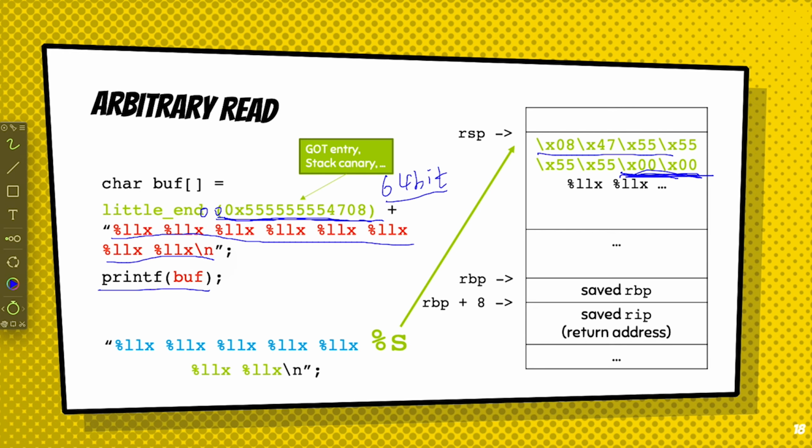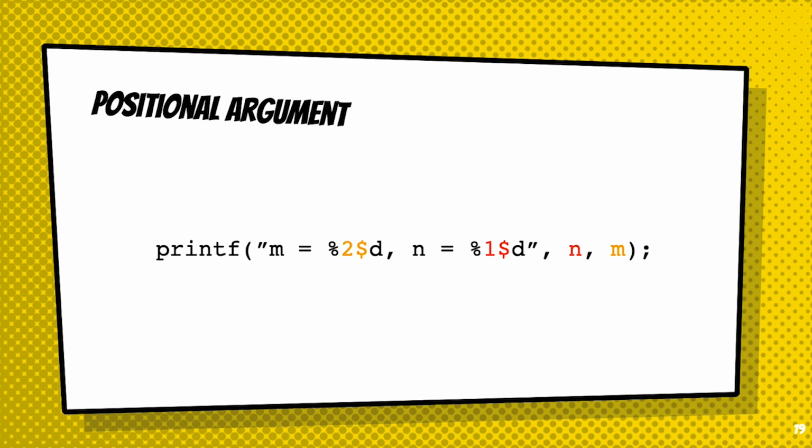Then what shall we do? What we could do is use positional arguments in the printf format string specification. For a format specifier, you can specify the number of the argument that you want to put in the format string. For example, if we have a printf statement again, in this case we're going to use $2 or $1 to specify the index of the argument.